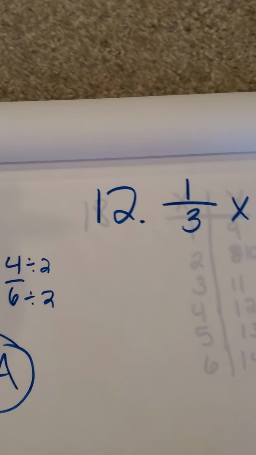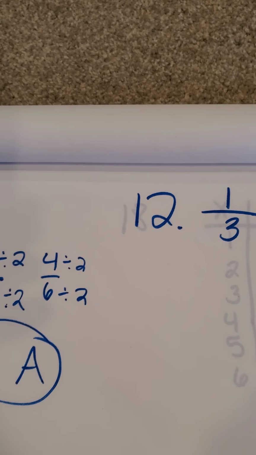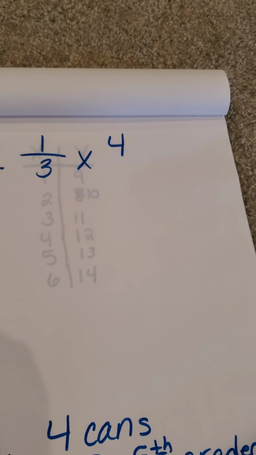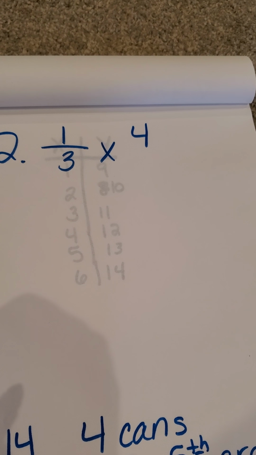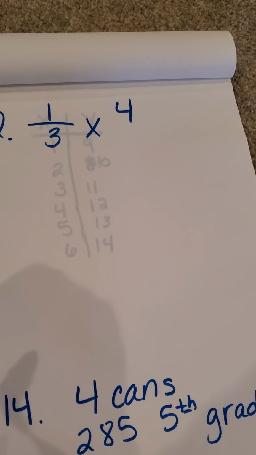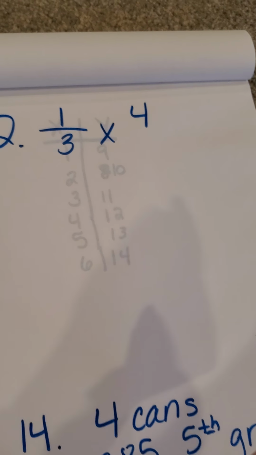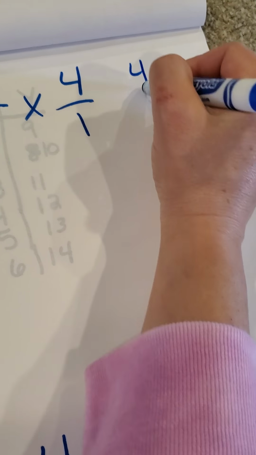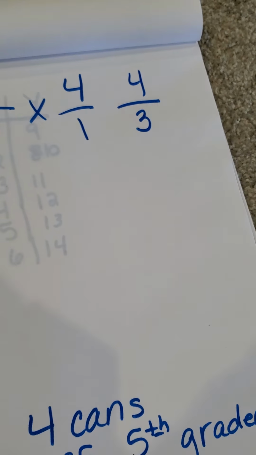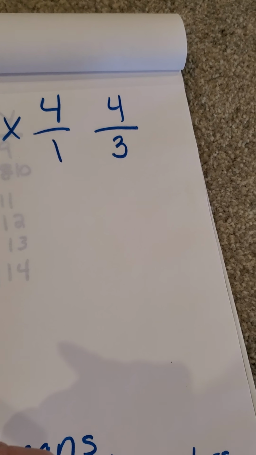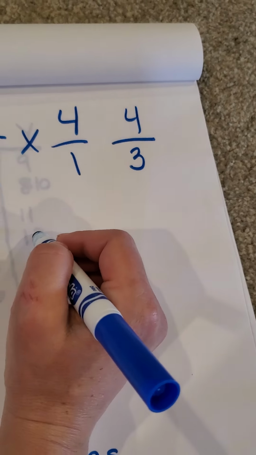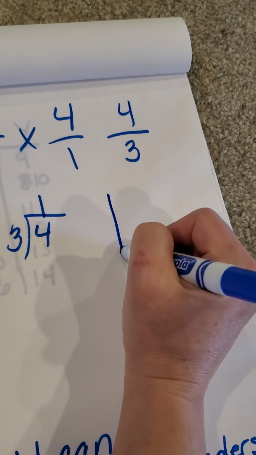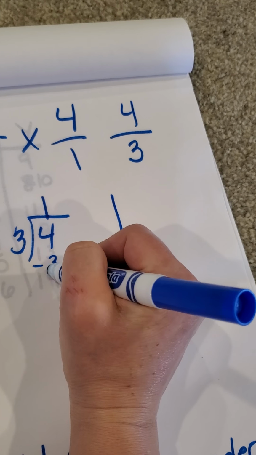Number 12. Let me flip the paper here. The salsa recipe calls for 1/3 cup of onions, and you're going to multiply that recipe by 4. So you just need to do 1/3 times 4, and if you multiply those together, put 4 over 1, and then 1 times 4 is 4, 3 times 1 is 3, and now I have another improper fraction, so I need to switch that to a mixed number. 4 divided by 3. 3 goes into 4 one time, so that is my whole number. 1 times 3 is 3.